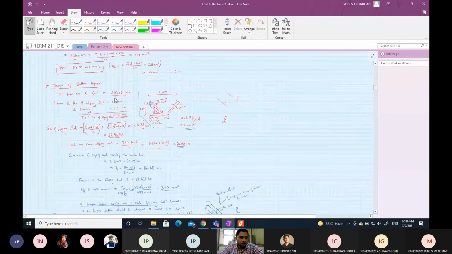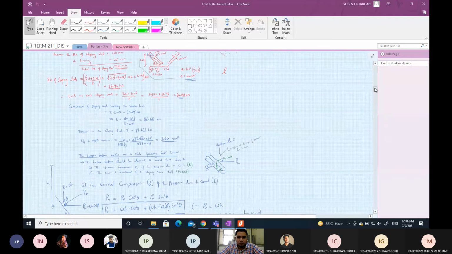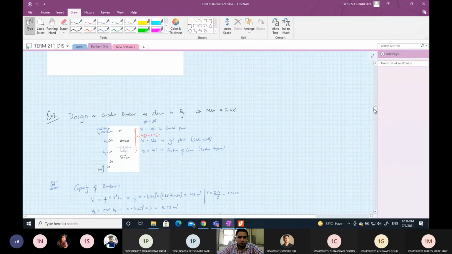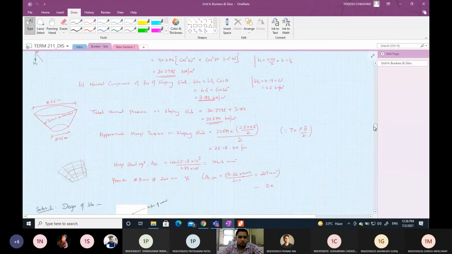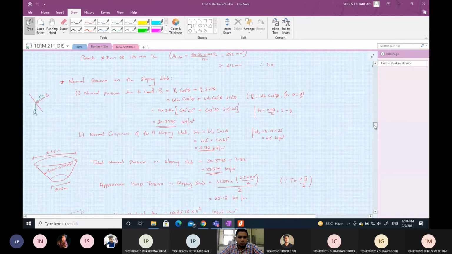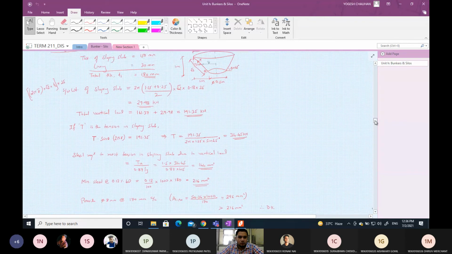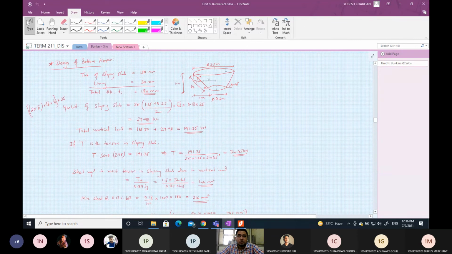This is the way we found out the weight of the sloping slab for the bunkers, the same. This is for the rectangular case. For the circular case, using this you can also find the sloping slab.